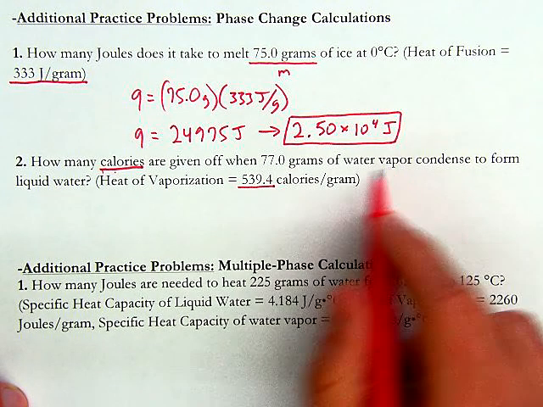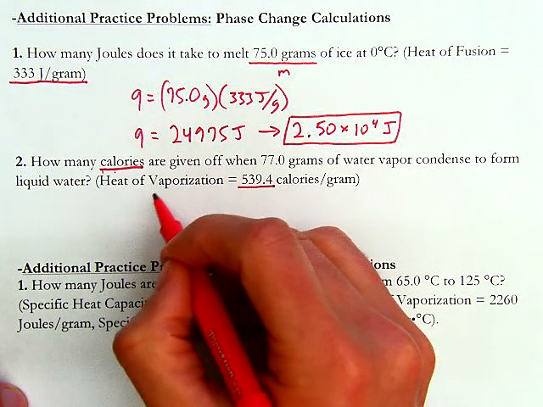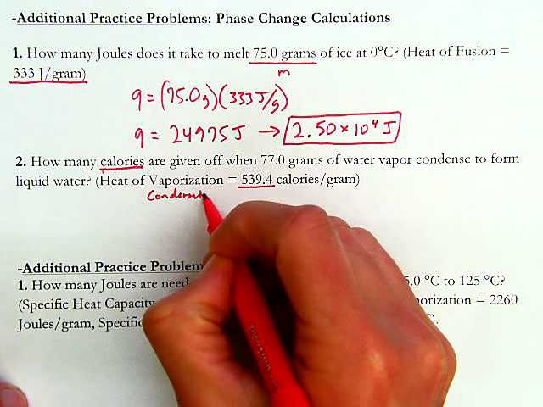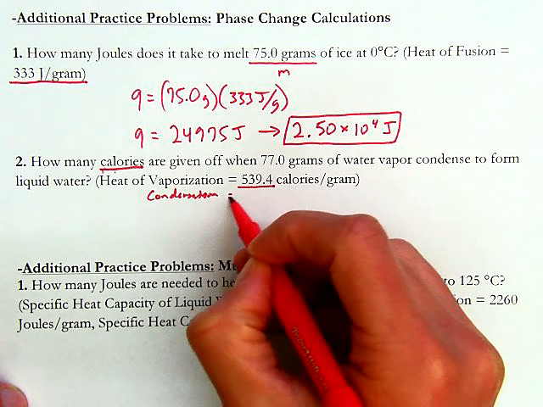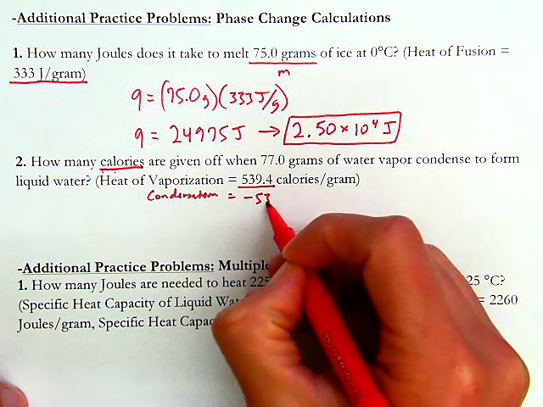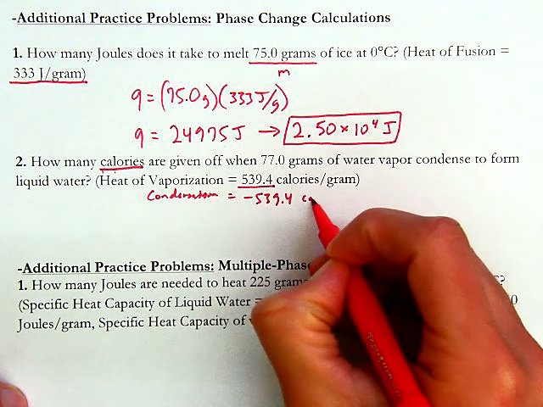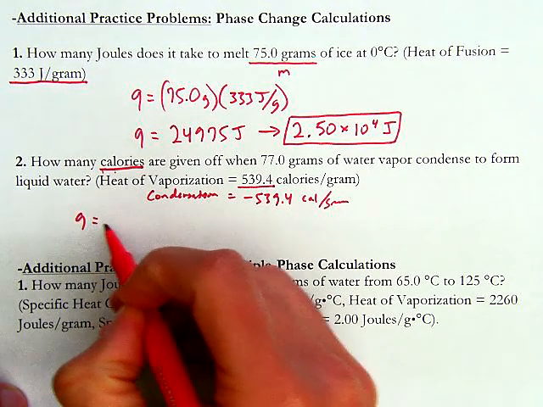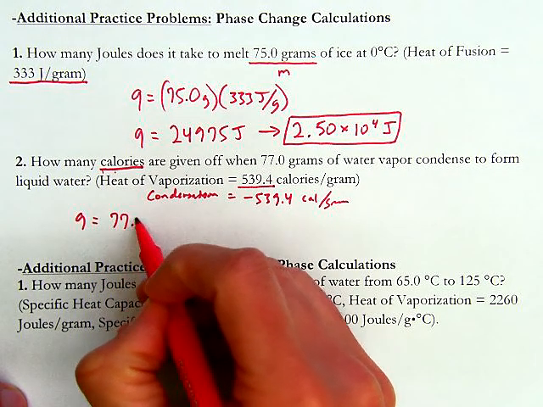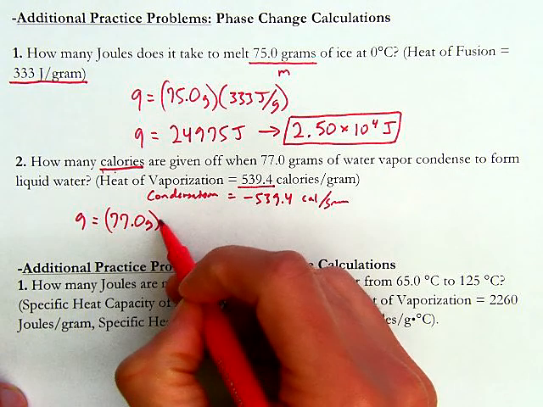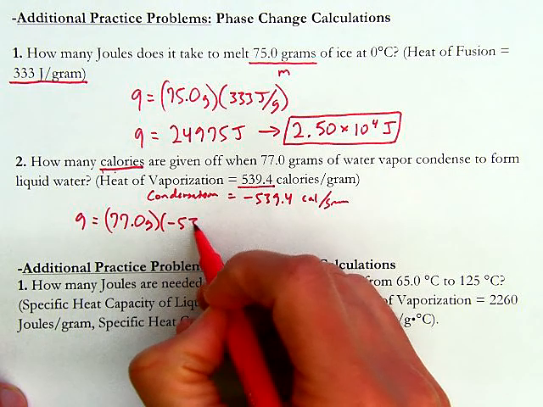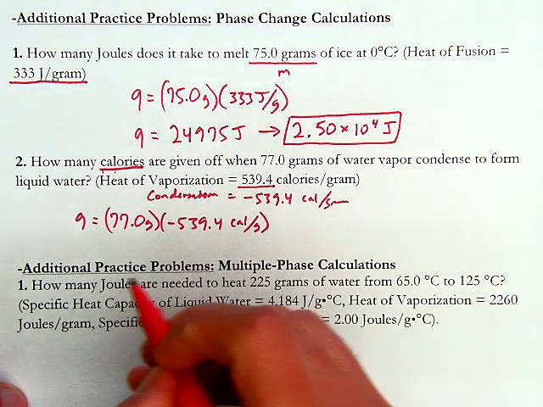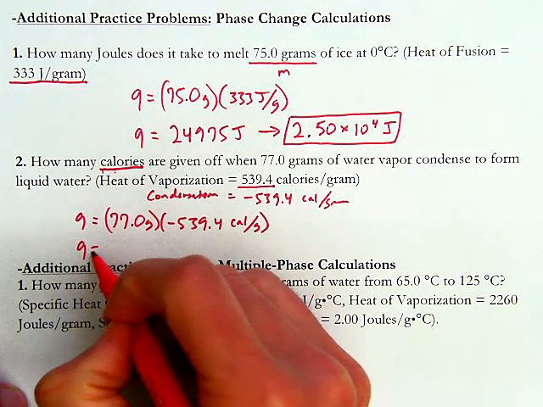So we're actually not using heat of vaporization, we're going to use heat of condensation, which is going to equal minus 539.4 calories per gram. So Q equals 77.0 grams times minus 539.4 calories per gram.